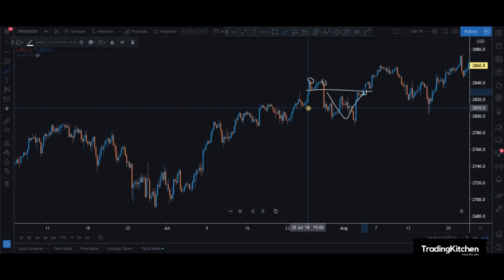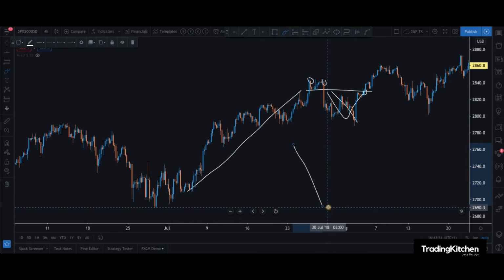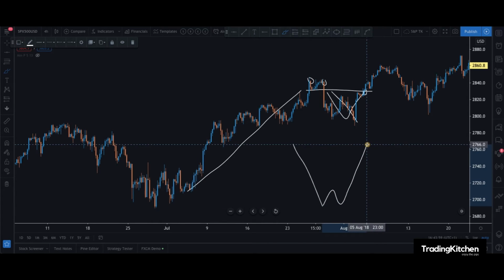What I want you to understand about this kind of formation is that a double top always comes after an uptrend. So first uptrend, then double top and then downtrend. Vice versa: downtrend, double bottom and uptrend.